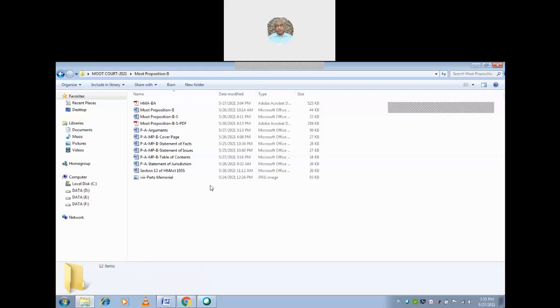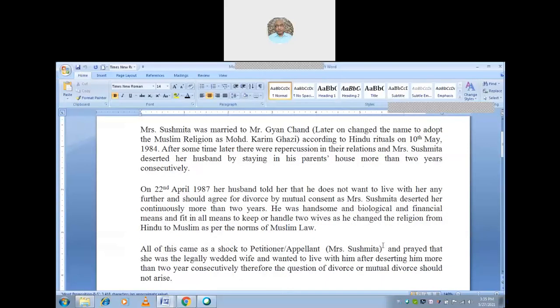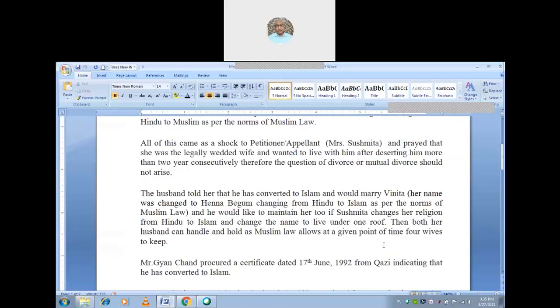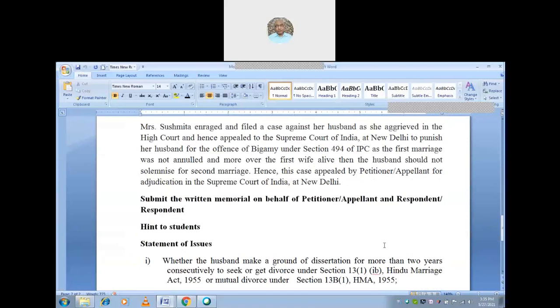Generally in the moot proposition, we give the facts in paragraph form in this manner. In the last, we say submit the written memorial on behalf of the petitioner or appellant, and for the other side the respondent, because the one who is going to answer is the respondent.